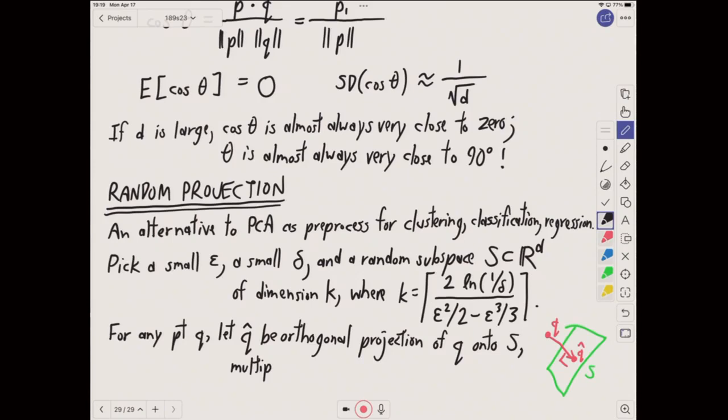After we project the point down, we're going to scale it by the square root of d over k.